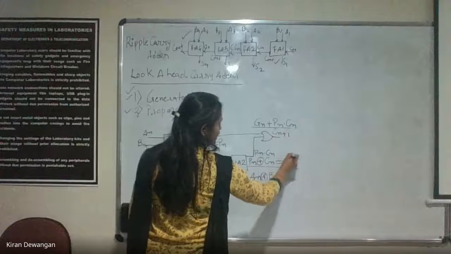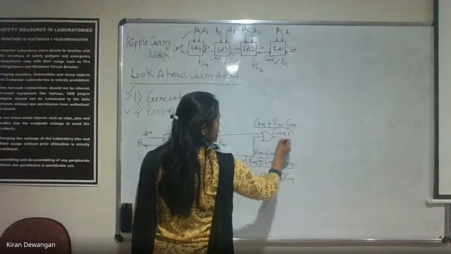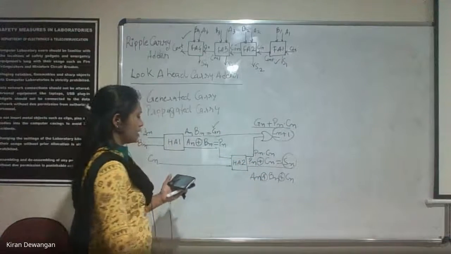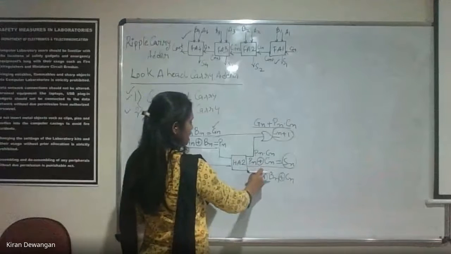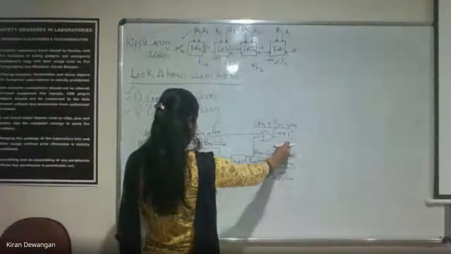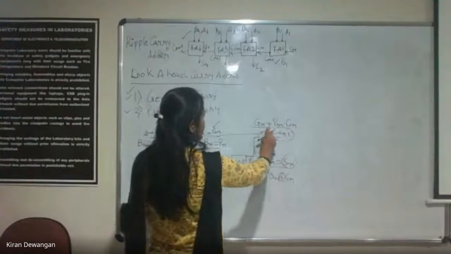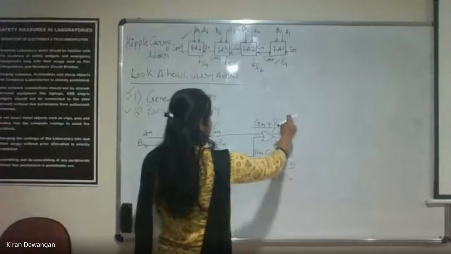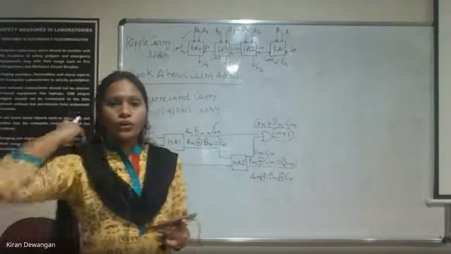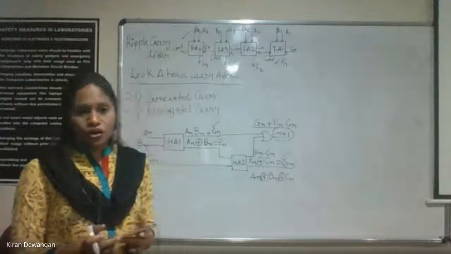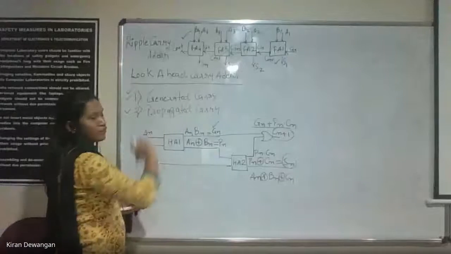One is Sn, another one is Cn plus 1. Sn is Pn XOR Cn and Cn plus 1 is Gn plus Pn dot Cn. Clear?